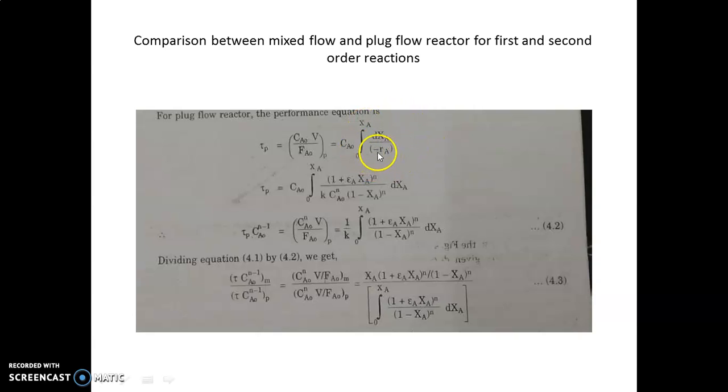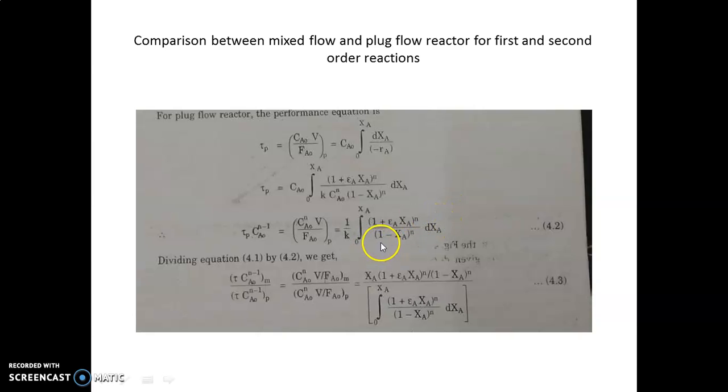Here again we have to put the value of minus rA is equal to k into CA to the power n, and again the value of CA. Then we obtain this type of equation, and again we rearrange it as earlier, and we obtain this equation, that is known as equation number 4.2, which represents the performance equation for the plug flow reactor for nth order reaction.